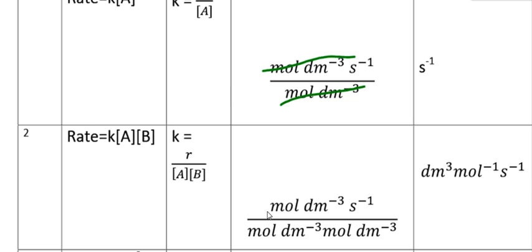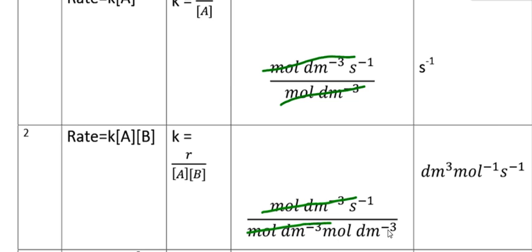So moles per decimeter cubed there, moles per decimeter cubed there. And what I'm left with then is seconds to the -1 on top, moles underneath, decimeters cubed underneath.